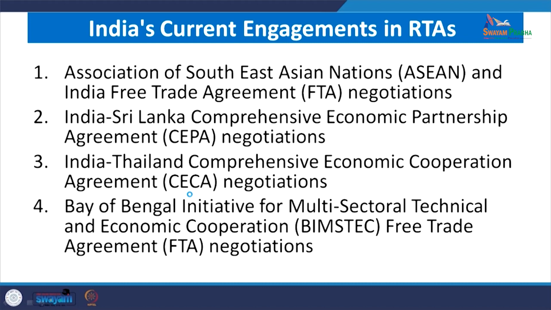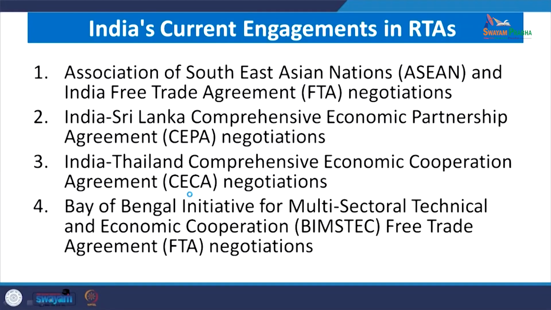Now, the last aspect of this particular lecture is understanding India's present position in various forms of RTAs, where India stands. We will also discuss this in our next lecture on WTO. So, broadly there are 19 agreements India is attached with.